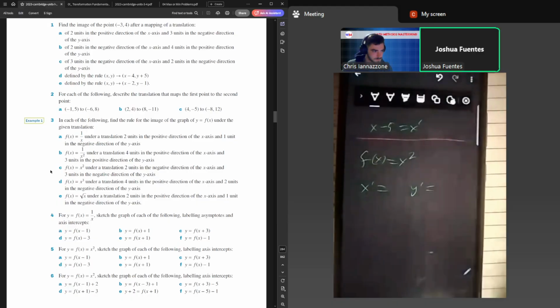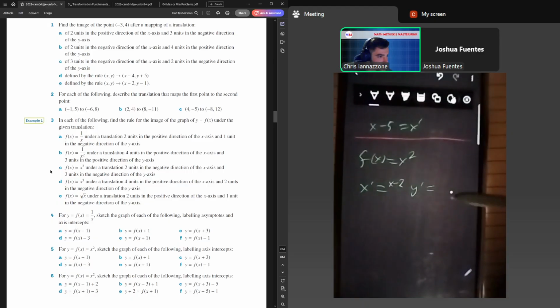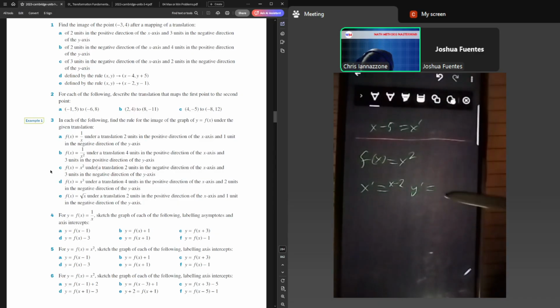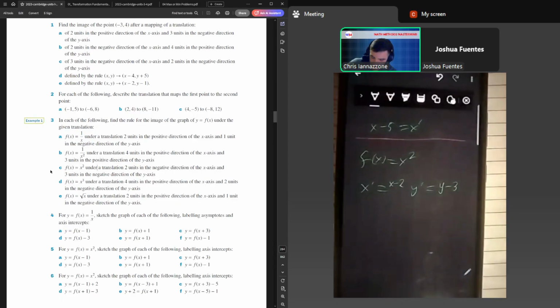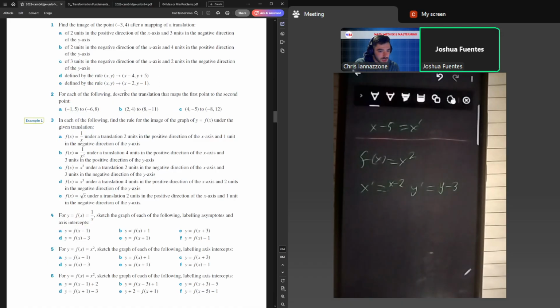So it'll be x dash is x minus 2, and y dash then is y minus 3. Absolutely. That's step 1 in that framework, which is identify the initial transformation. Step 2 is rearrange in terms of x and y.